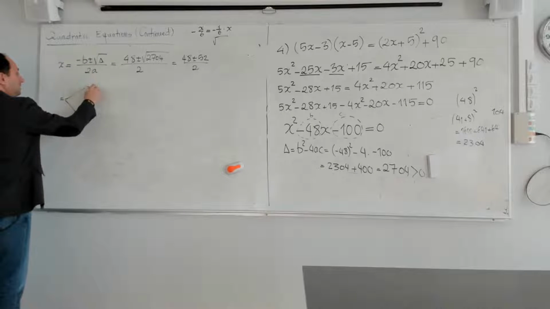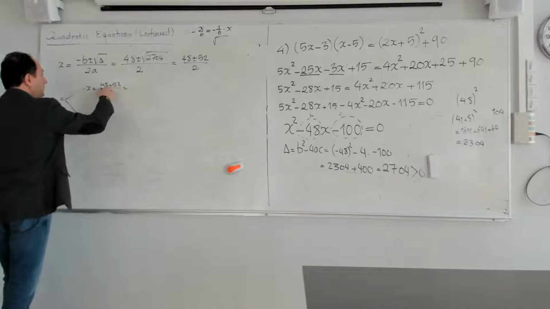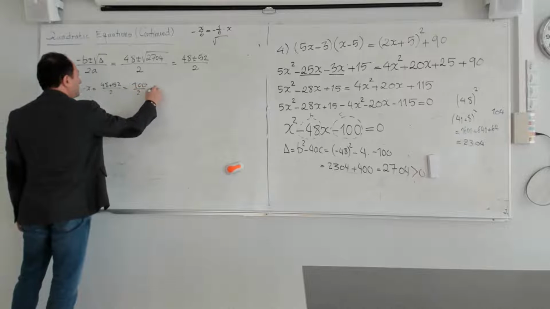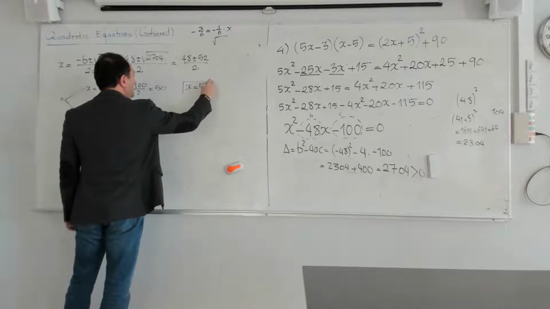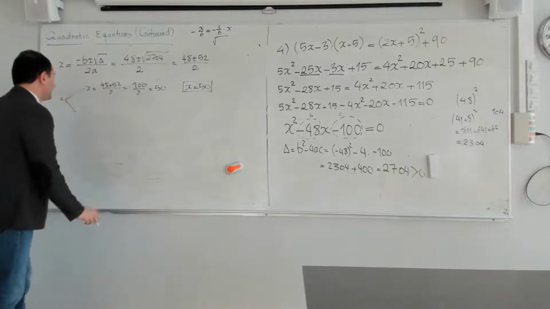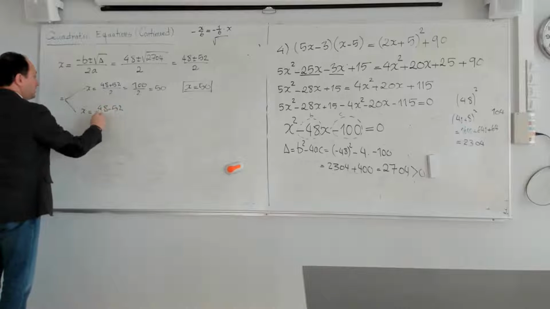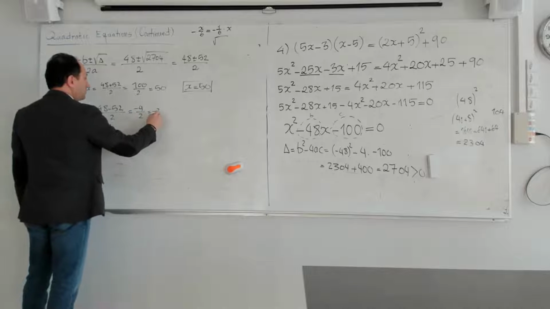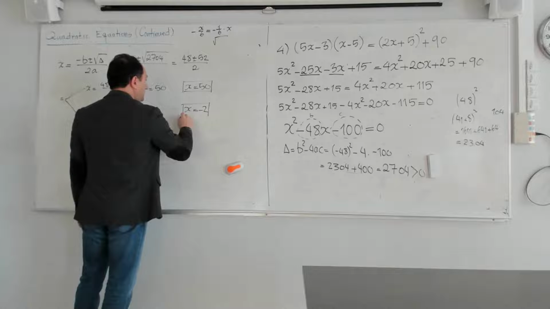So x is 48 plus 52 divided by 2, which is how much? Is 100 divided by 2, which is 50. So one answer to this problem is 50. And the other answer is 48 minus 52 divided by 2, which is minus 4 divided by 2, which is minus 2. So the other answer here is minus 2.